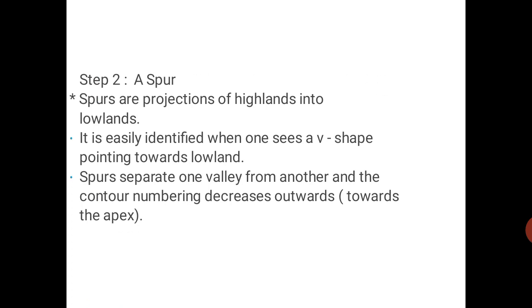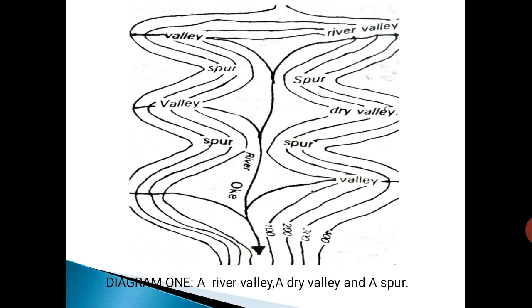We explained a spur as a projection of highland into lowland, or a highland that is protruding towards a lowland. We also talked about a ridge. A ridge is a chain of highlands in an area.